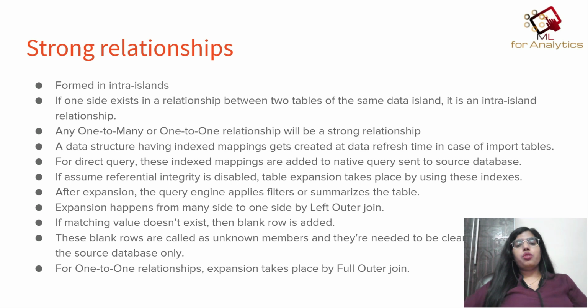In case of direct query, these index mappings are added to native queries itself. And these native queries are then sent to the source database. If assumed referential integrity is disabled, then table expansion actually takes place in case of direct query by means of these indexes.